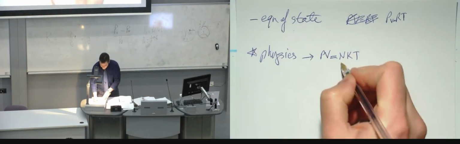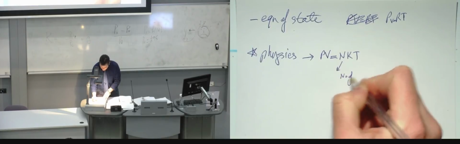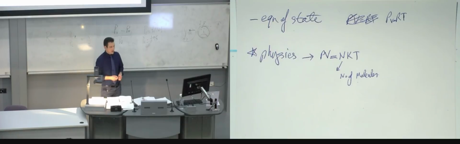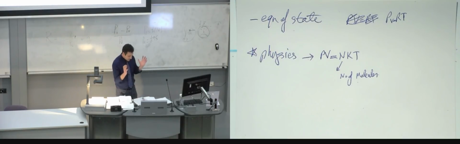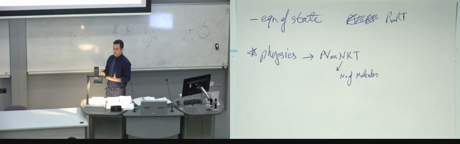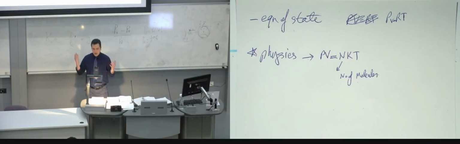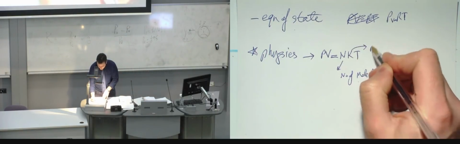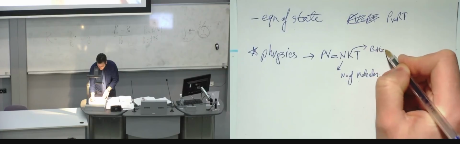N is the number of molecules. And of course, you can imagine that the number of molecules in any container, regardless of how small the vessel or the container is, is going to be huge. We're talking about something like 10 to the power of 20, 30, etc. This is k, the Boltzmann constant.